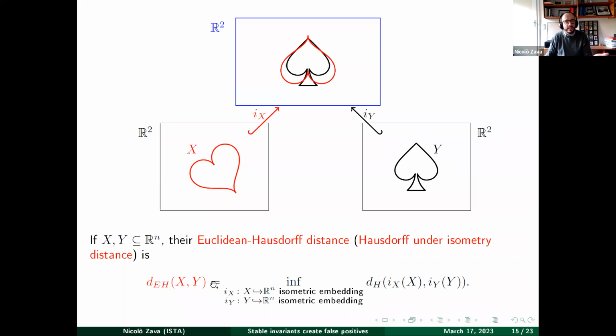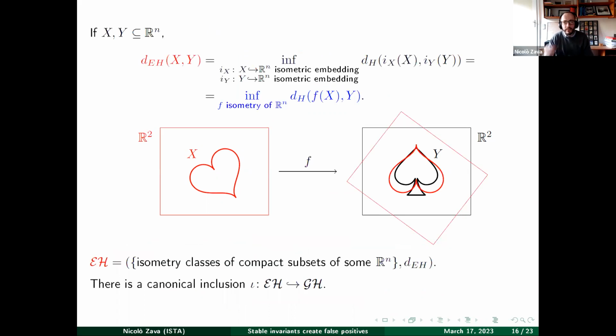It's a bit easier because we know a bit more about R^n. We don't have to look for weird metric spaces, so we have a bit more hope of constructing the coarse embedding we want. Let me give you another characterization of this distance.